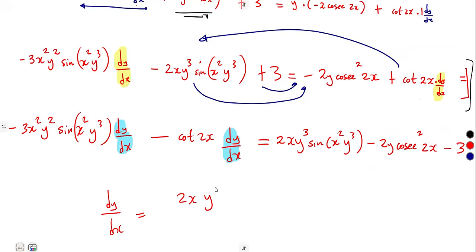So that's 2xy cubed sine of x squared y cubed minus 2y cosec squared 2x minus 3.